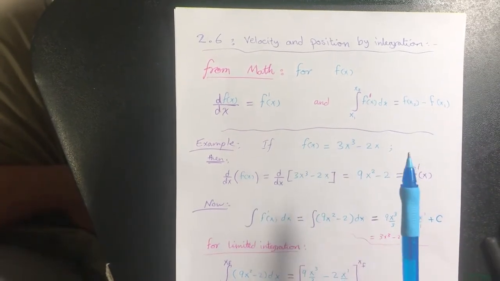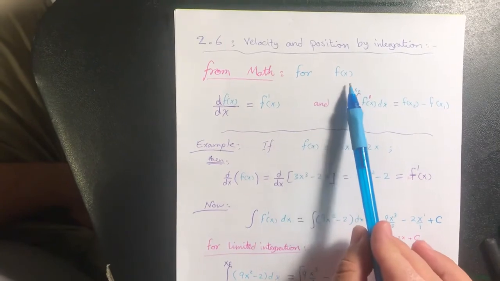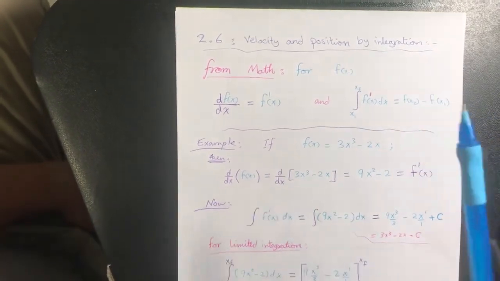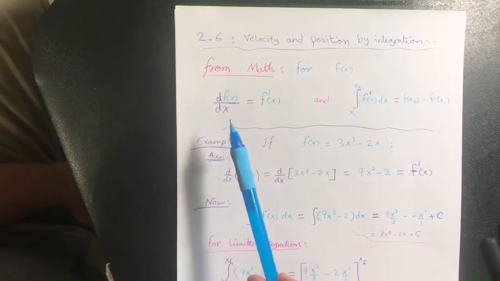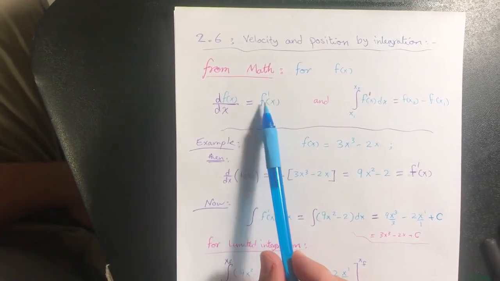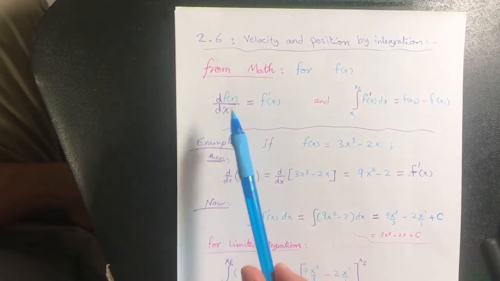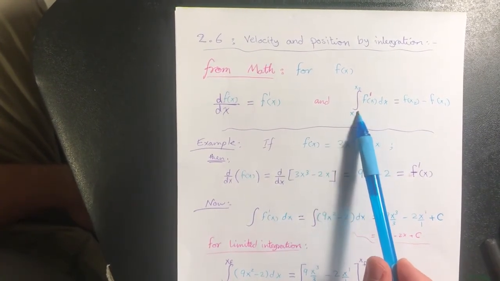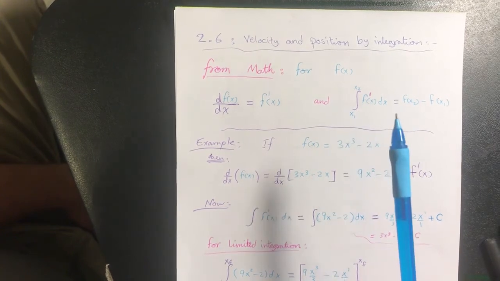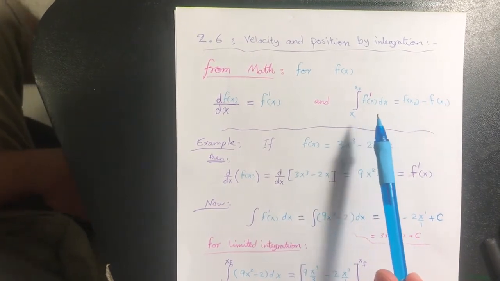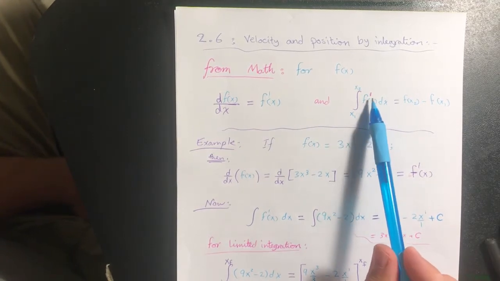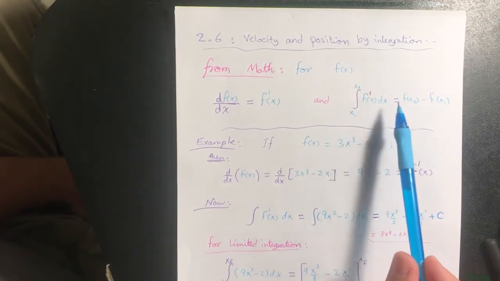From mathematics, we need to note that for f of x, we are talking math, not physics now in this part. For f of x, if we need to find f prime, we need to differentiate it with respect to x. And if we integrate, we need to know what integration is. If we integrate the f prime of x, it will give us f of x.